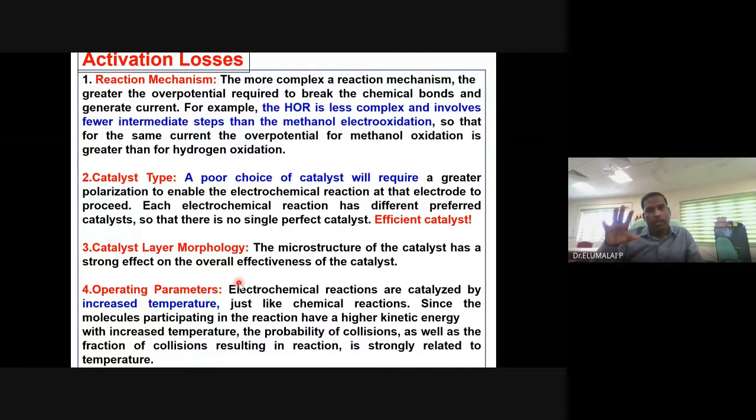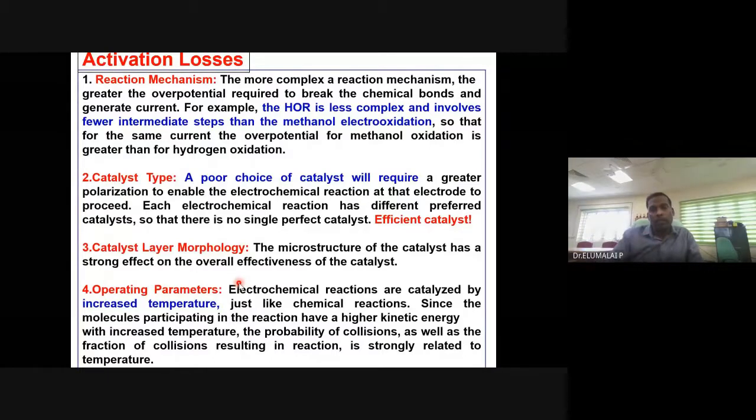It will oxidize at other than 0 voltage. That difference in the voltage is known as overpotential. The overpotential will increase if the catalyst is poorer. Forget about hydrogen; for methanol, the overpotential is large. Oxidation of methanol will have overpotential. It is a loss.